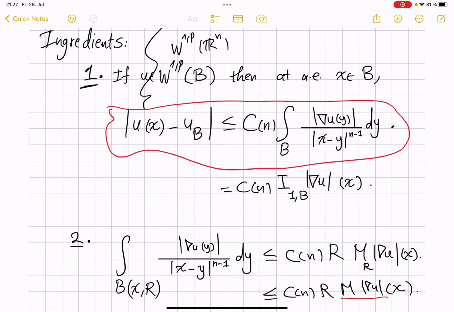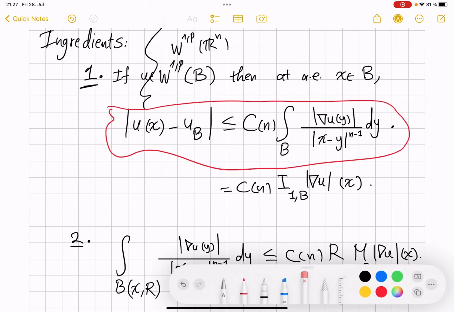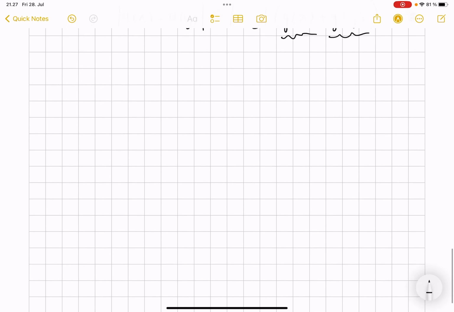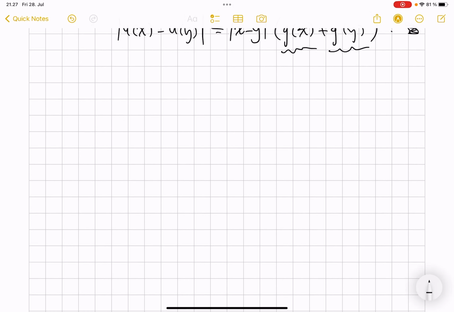So for the rest of the video, I want to focus on this. And in order to keep things within reasonable complexity, I'm going to do it not for a ball, but for compactly supported functions on all of R^n.